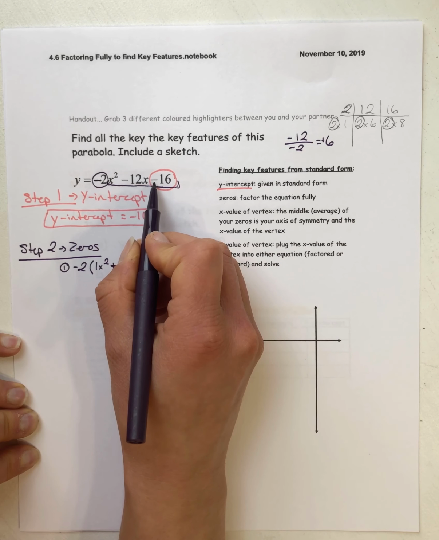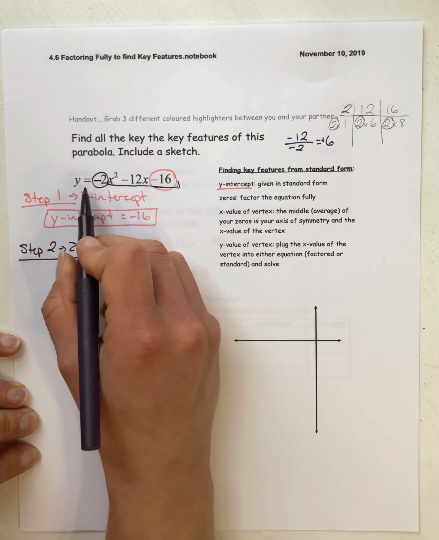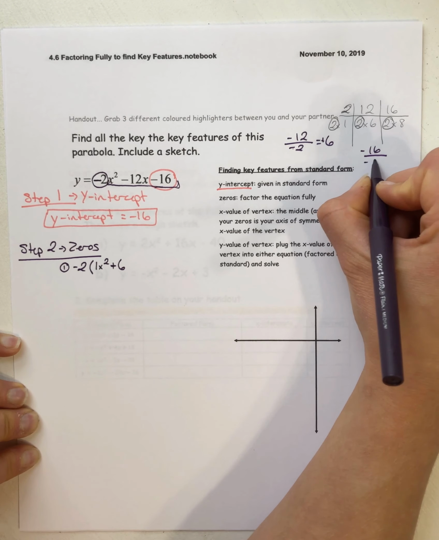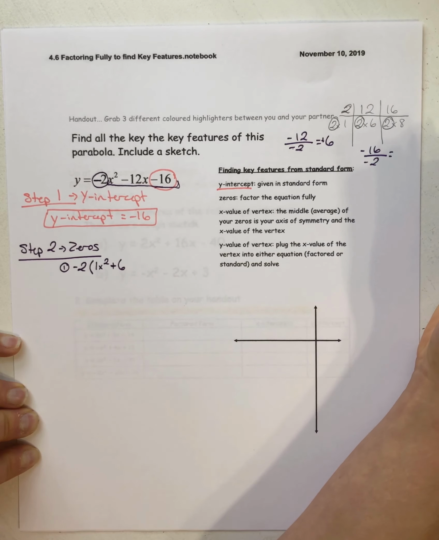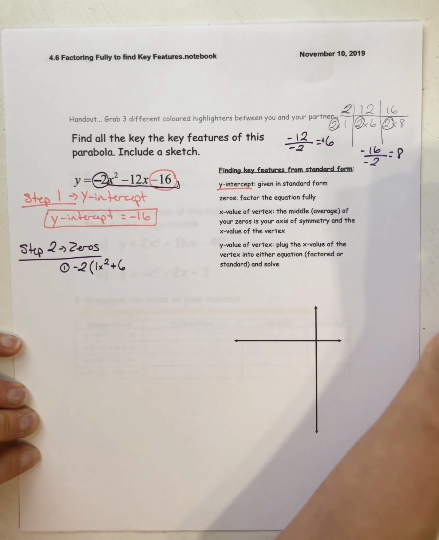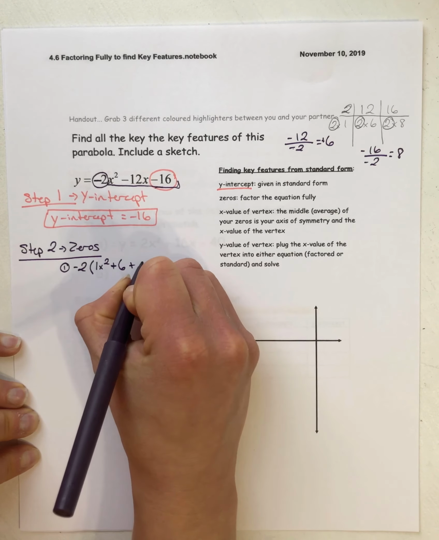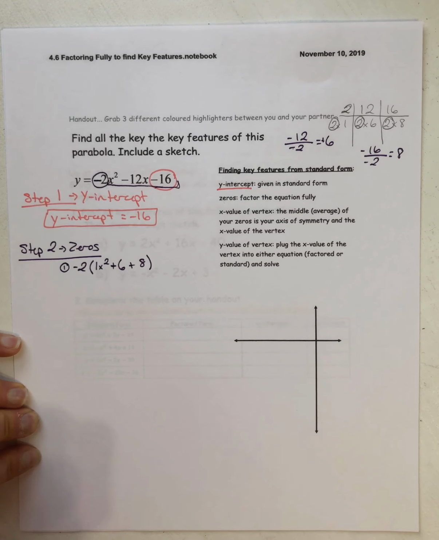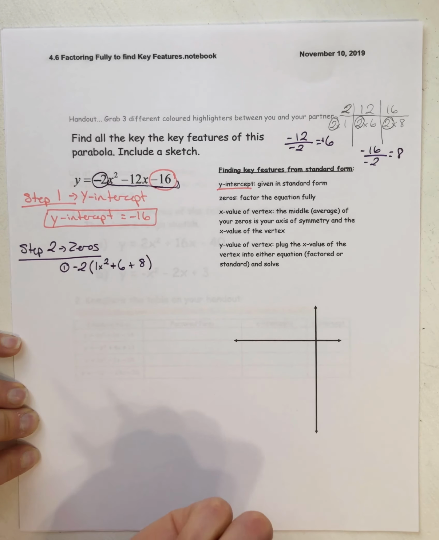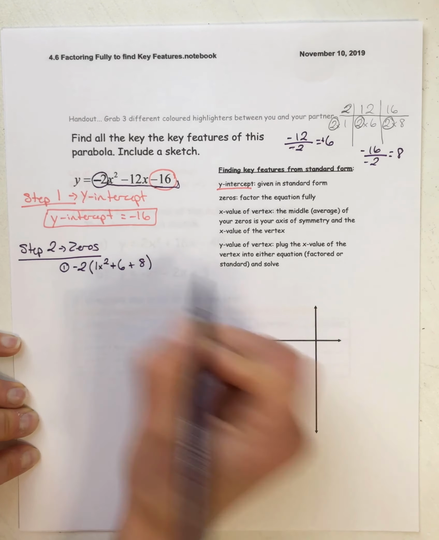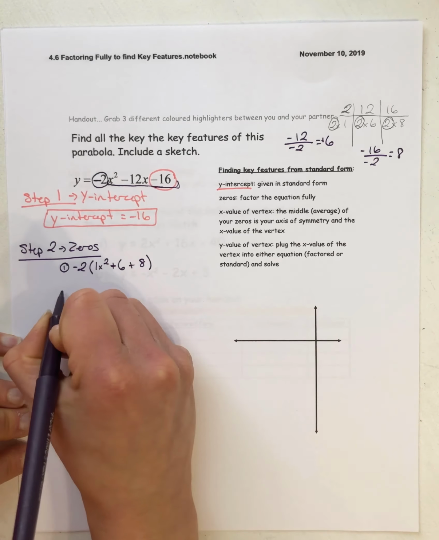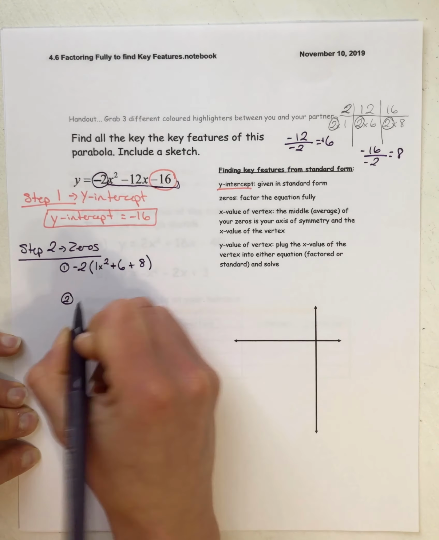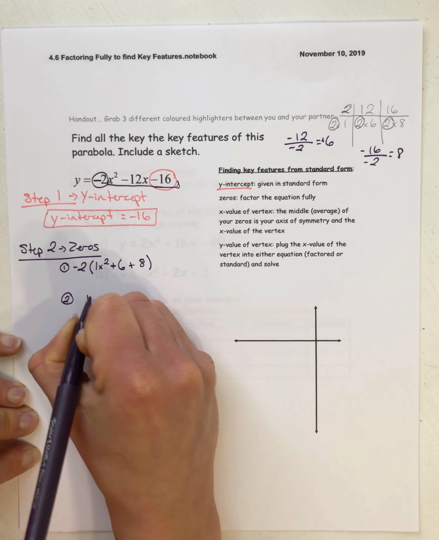Okay, and then negative 16 divided by negative 2, again, a negative divided by a negative gives us a positive. So we have plus 8, bracket. Right, so we've done our step 1 to find our zeros. So now that we have our standard form, we can now do step 2, which is our window method. All right, so let's get our window going here.